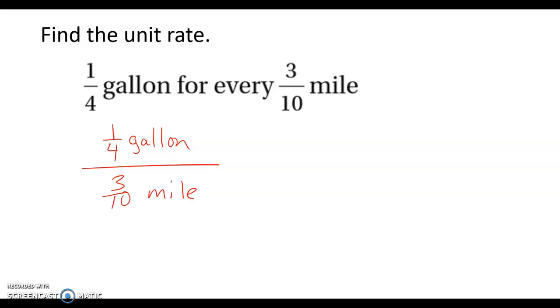So we go 1/4 and divide that by 3/10, and you should end up with 5/6 gallons for every 1 mile. So 5/6 gallons for every mile.